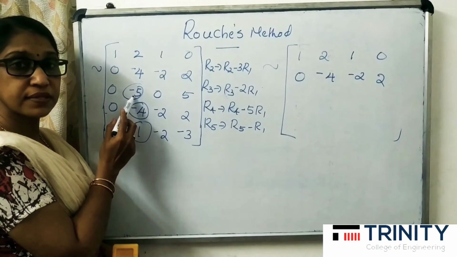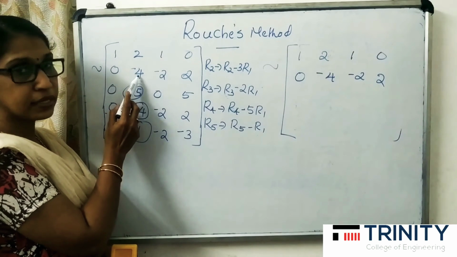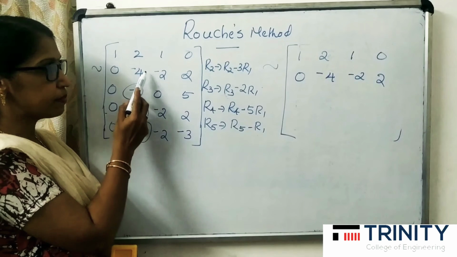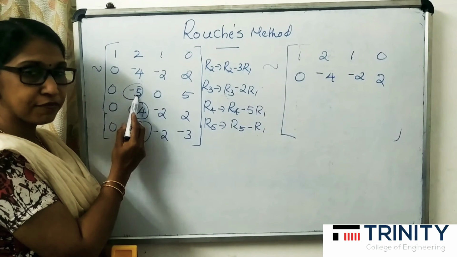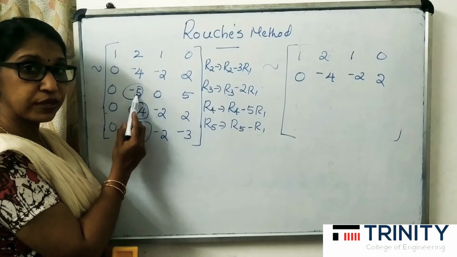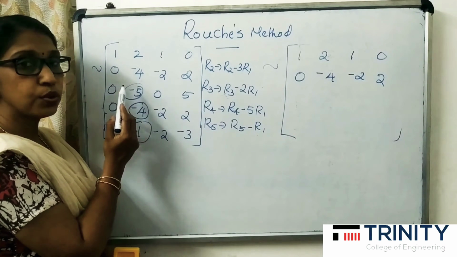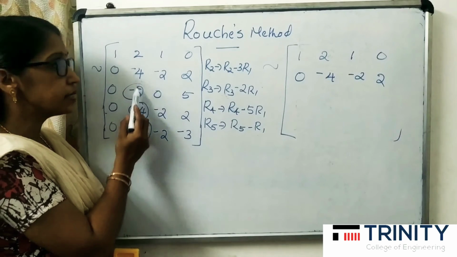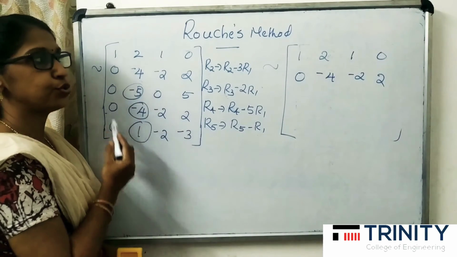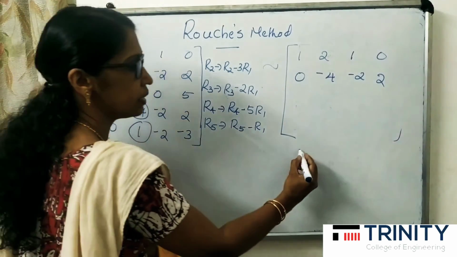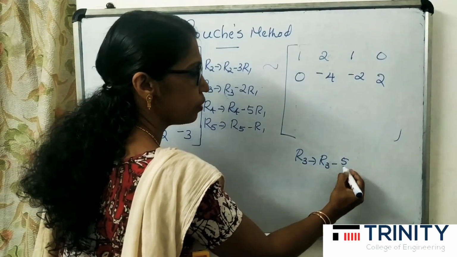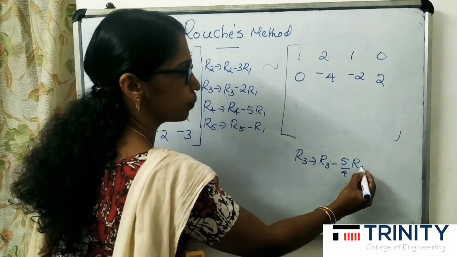For making minus 5 into 0, we have to multiply this row by 5 by 4 and subtracting from this row, we get 0 here. So the transformation is R3 gives R3 minus 5 by 4 R2.